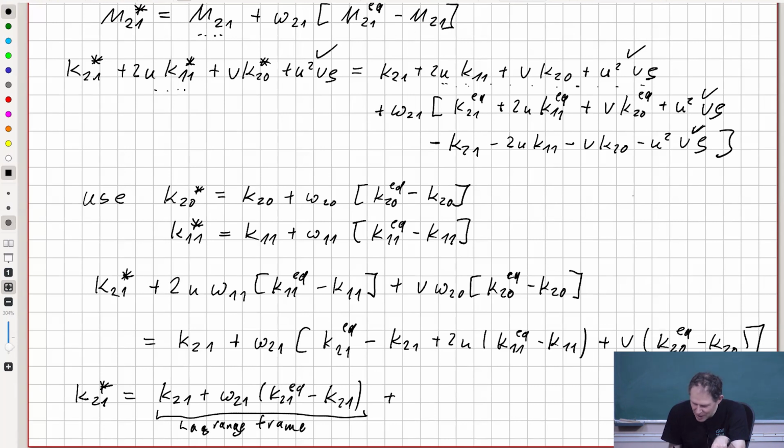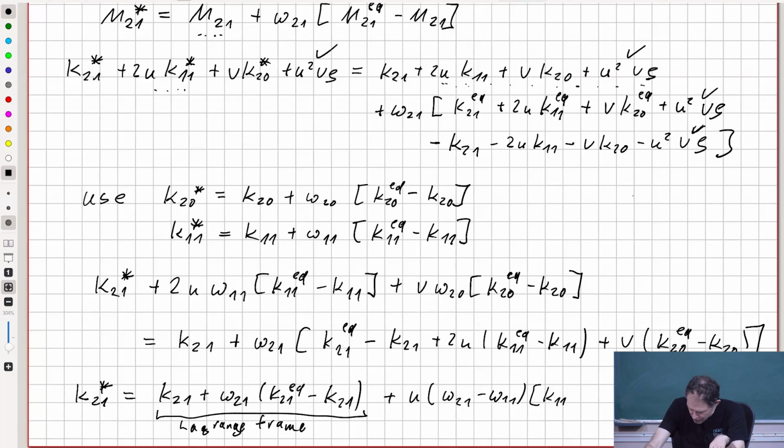However, there's something left, and the thing that is left is U times omega 21 minus omega 11. Okay, I have another mistake in my notes. Let me see.